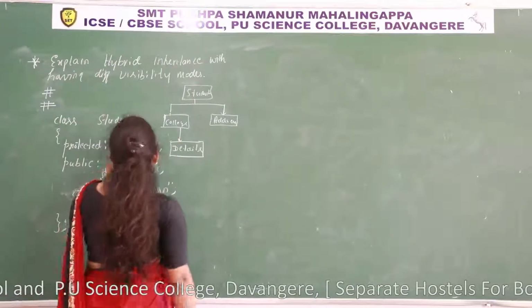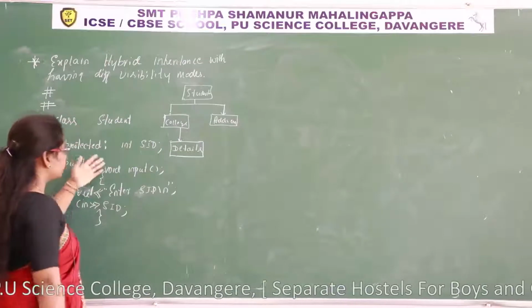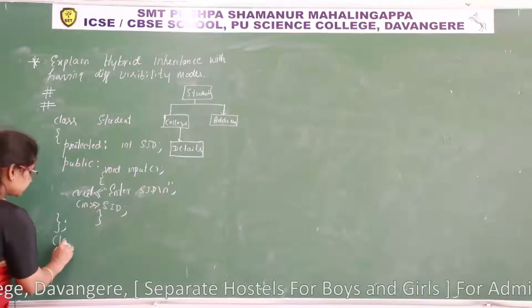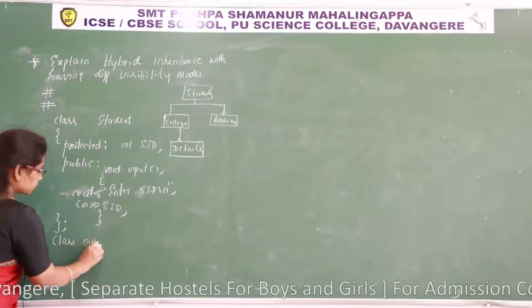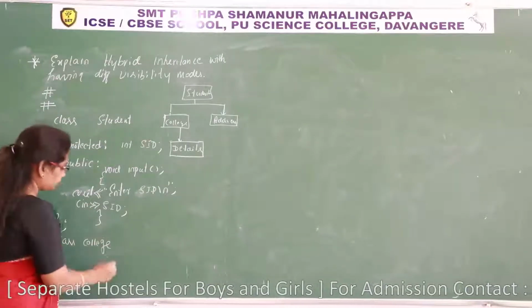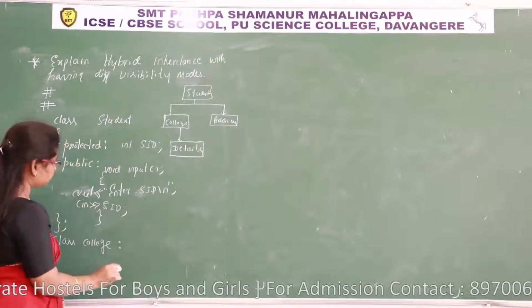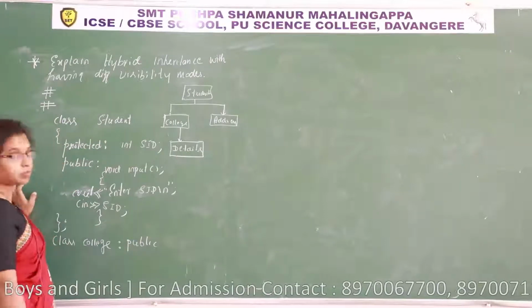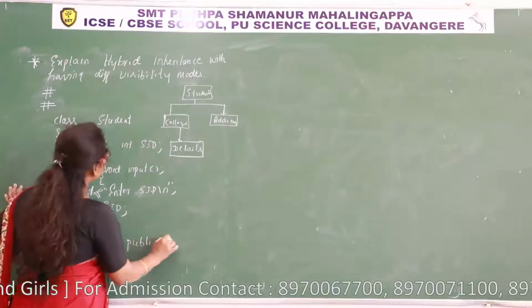So student ID will be stored in SID, and I'll take the college class here. Class college colon public. I'll inherit this class in public mode. Base class name is student.